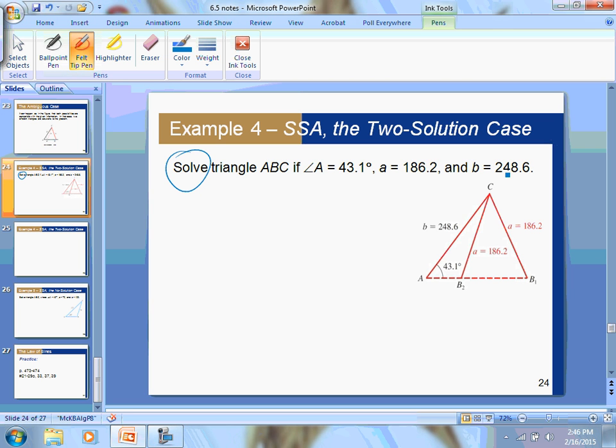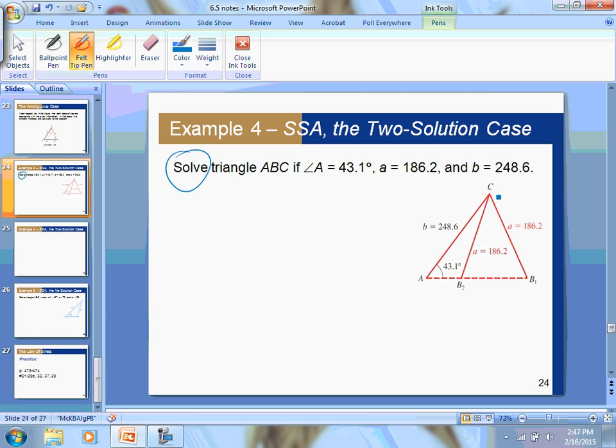The picture that they've drawn here sets up the images for the two cases. If you look at this little sliver in here, that could be one possible triangle. Or if you look at the whole big triangle where A is swung out so that it's over here, that's your other possible solution.